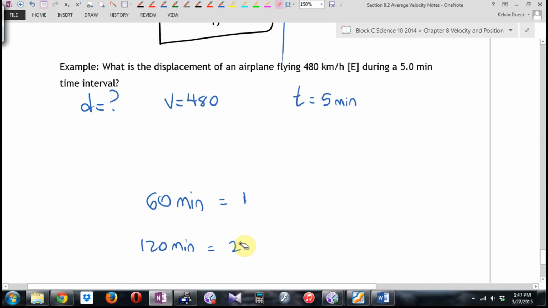Divide by 60. I don't memorize this. I always go, oh, 60 minutes is 1 hour, 120 minutes is 2 hours, 180 minutes is 3 hours. I divide by 60. I can figure it out like that every time. So, to change 5 minutes, we're going to divide it by 60.